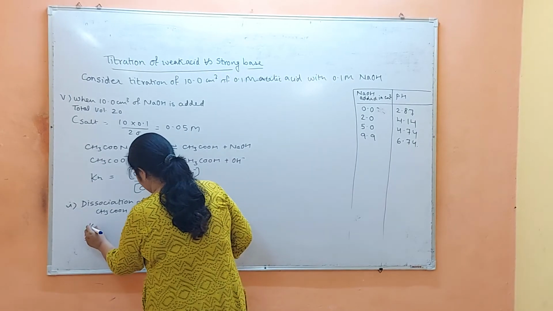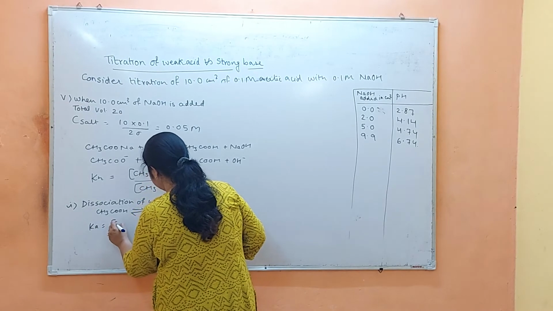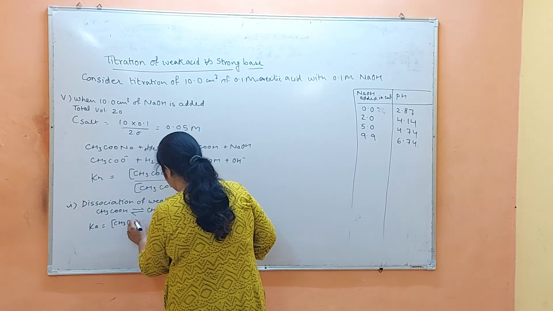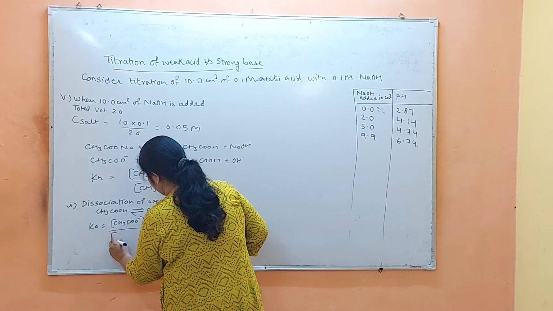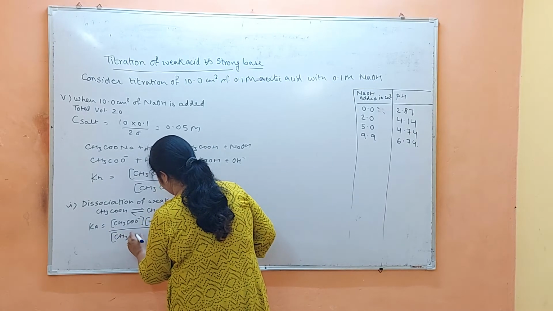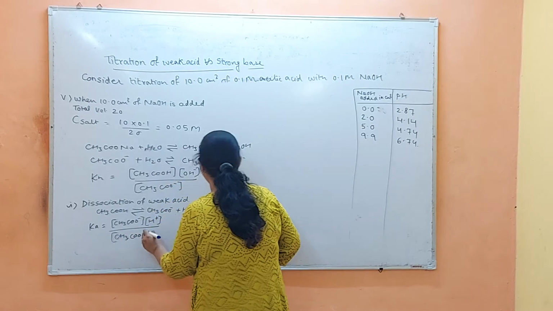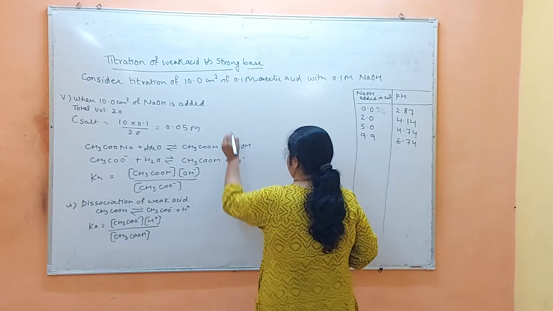So Ka will be equal to CH3COO minus into H plus upon CH3COOH. And the other equilibrium is dissociation of water.